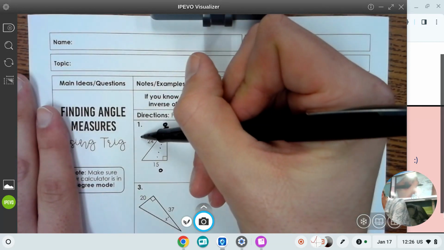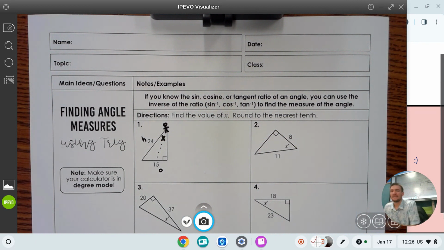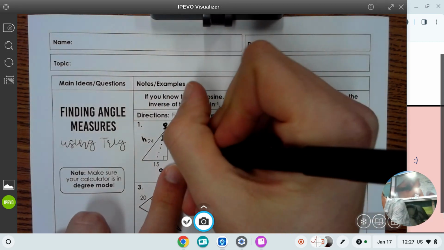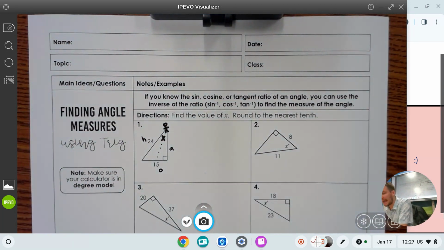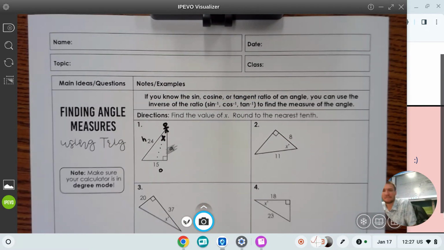The H is going to be on the 24 side, the longest side of our right triangle, which is opposite the right angle. And then our A over here, the A is the not important side, right?